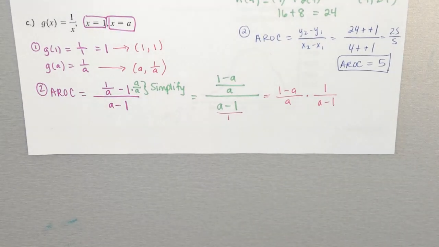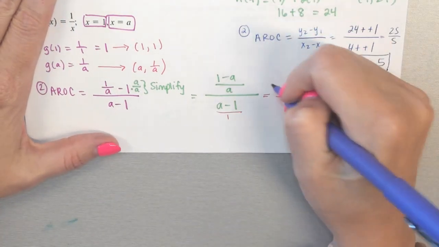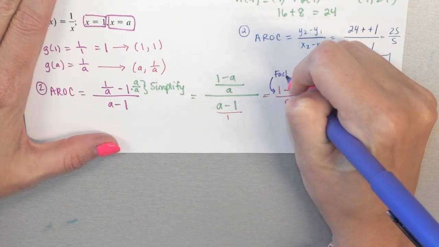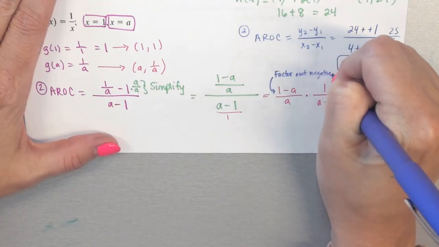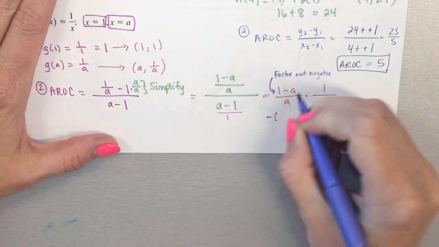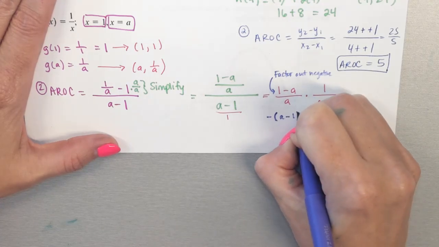So when that happens, what do we want to do? Yeah, factor out the negative. Good. So we're going to factor out the negative. So if I do that, I have A minus 1.